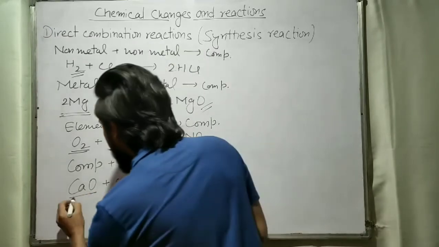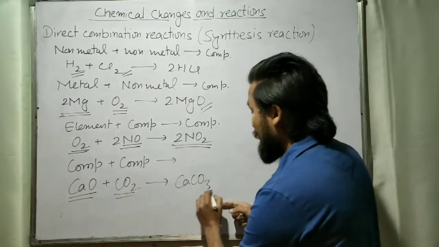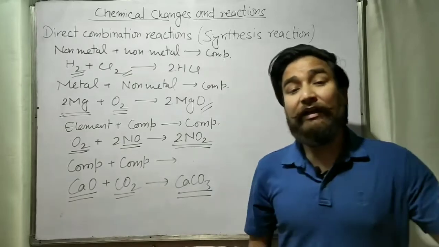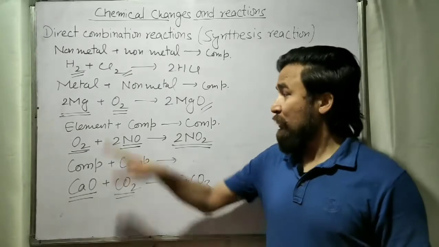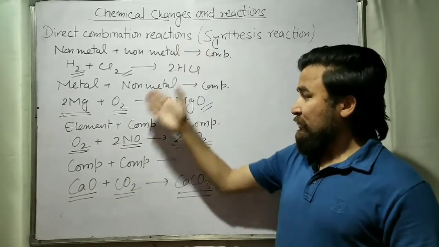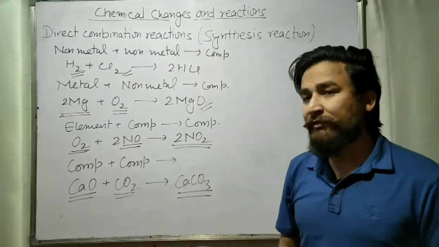You can see CaO is a compound, CO2 is a compound, and CaCO3 is obviously a compound. So two compounds can combine together to form a compound. So there are various types of reactions which are synthesis reactions or direct combination reactions.